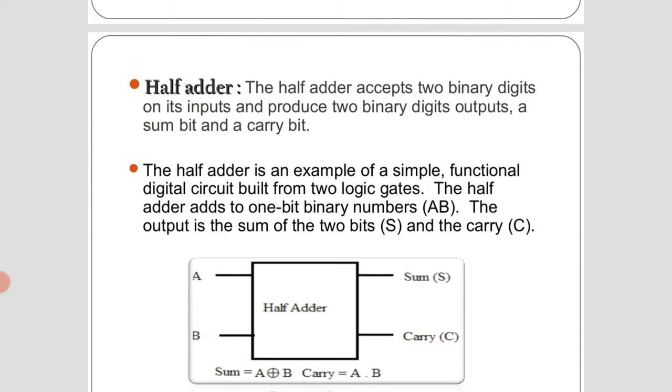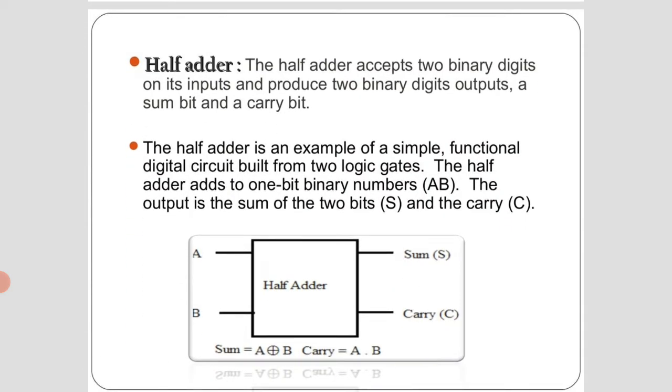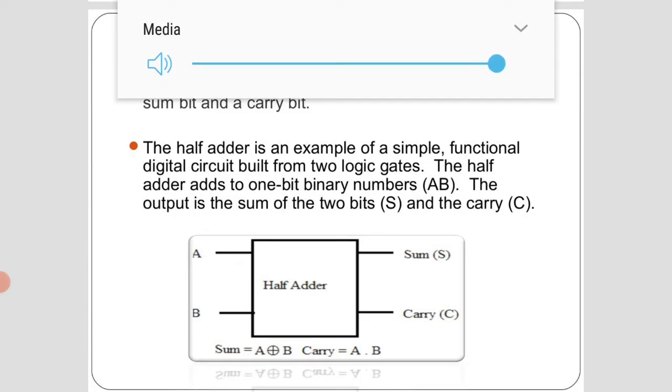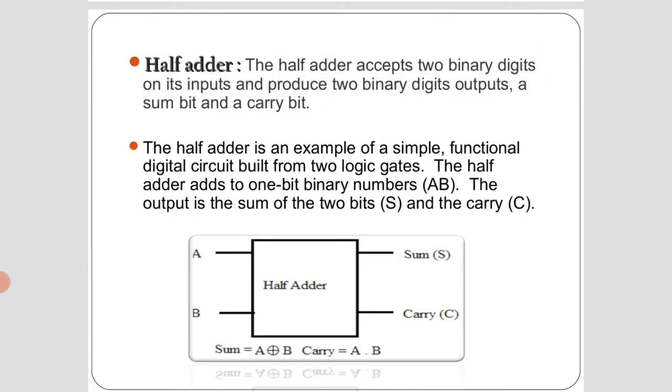The half adder accepts two binary digits on its inputs and produces two binary digit outputs, a sum bit and a carry bit. The half adder is an example of a simple functional digital circuit built from two logic gates.